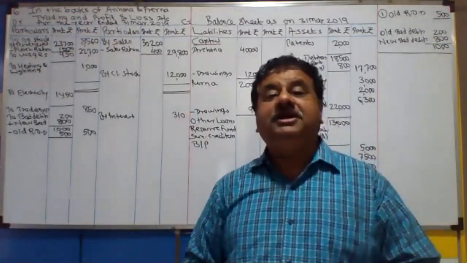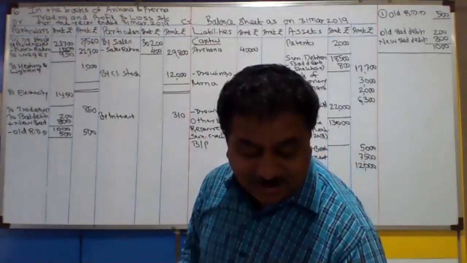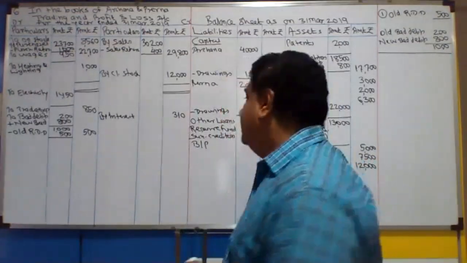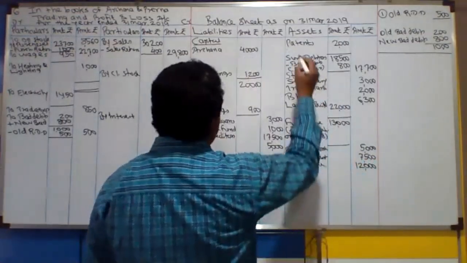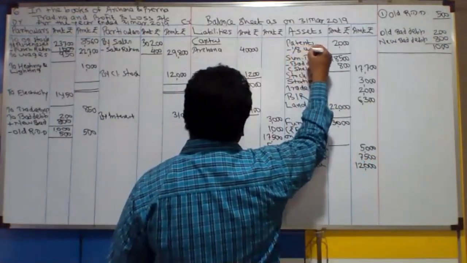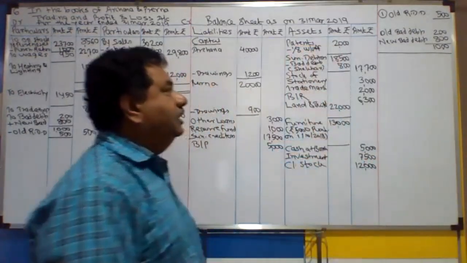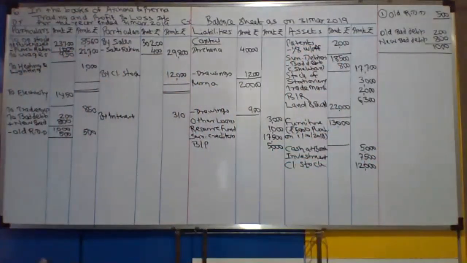1/8 of the patent is written off. What do you mean by written off? 1/8 written off का मतलब होता है less from your patents, यहाँ से माइनस करना है. तो कैलकुलेट करा, what is 1/8 of 2,000 rupees? That is 2,000 divided by 8.